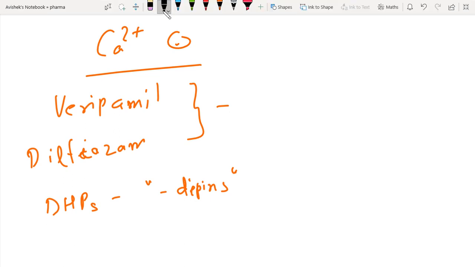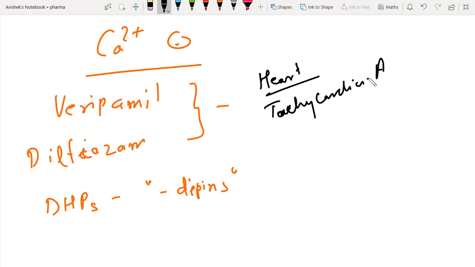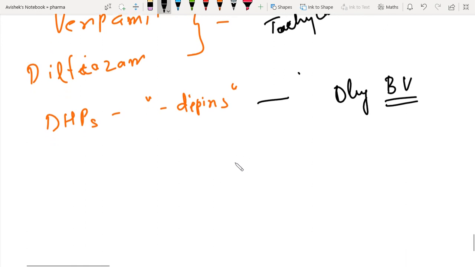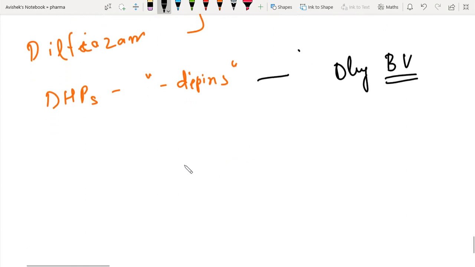So now verapamil and diltiazem. This can cause tachycardia in the heart, either atrial or ventricular. This is only for decreasing blood volume, so to decrease the load of the heart.